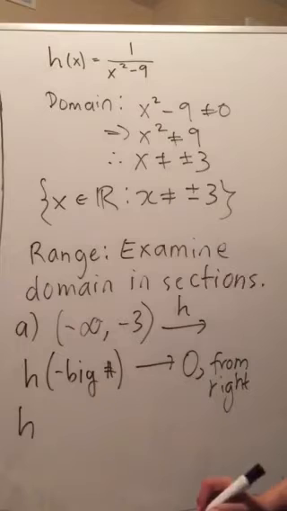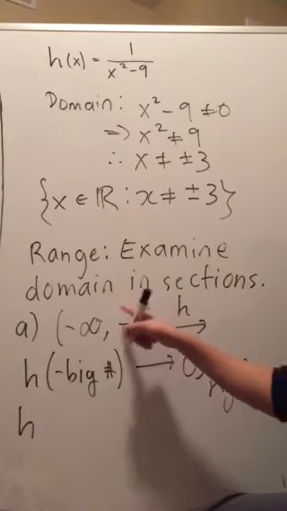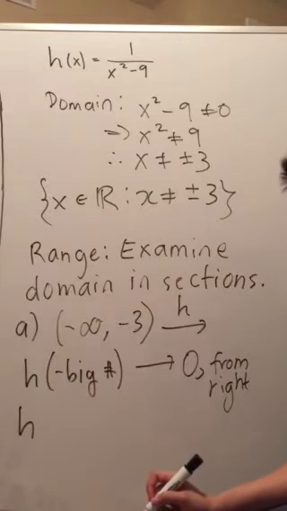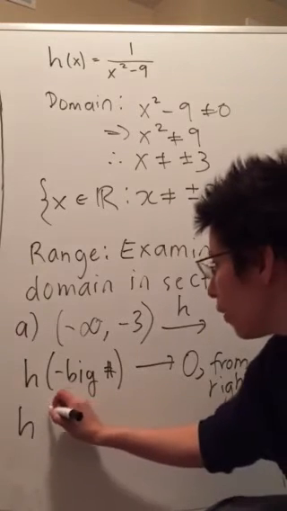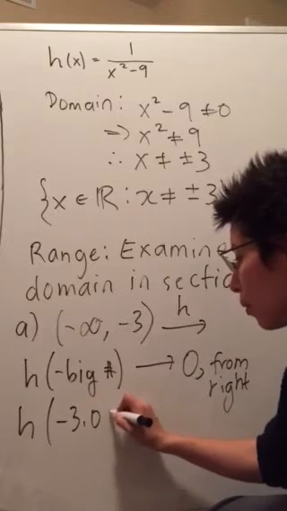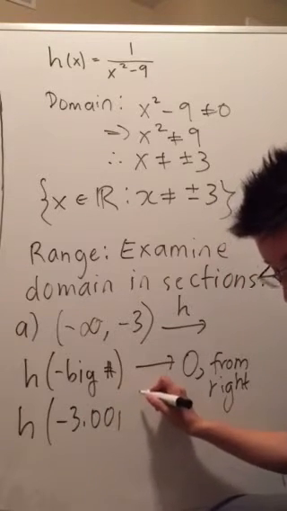Let's continue. What's going to happen when we come closer and closer to this endpoint? Well, as we come closer and closer to this endpoint, we could actually plug in something like negative 3.001 just to make it easier on us.